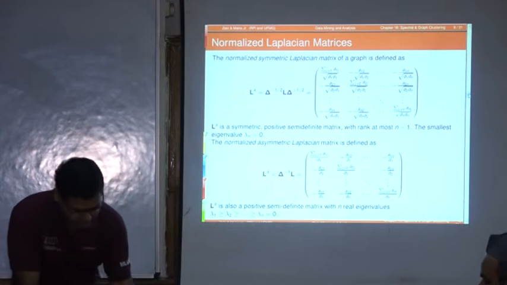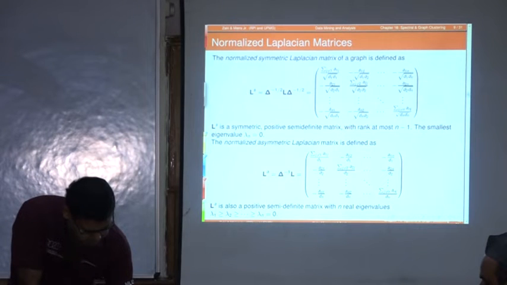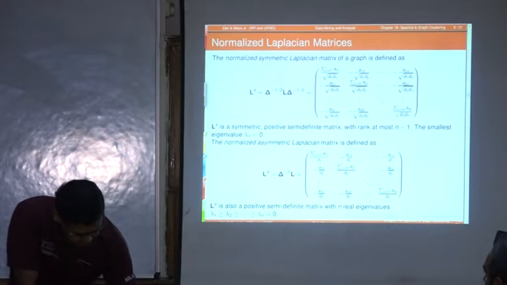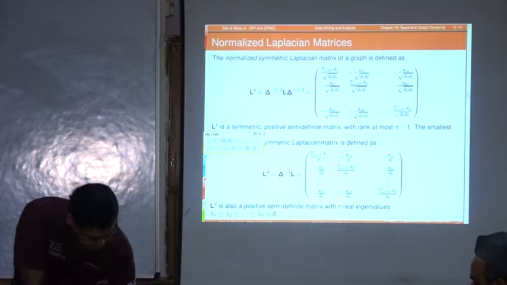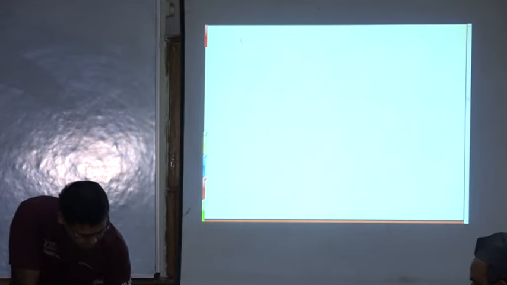So this delta inverse half is just this matrix, which is essentially 1 over root d1, 1 over root d2, and so on. Let me write it down in a separate page. So delta half, or root delta, is simply root d1, root d2, root dn.